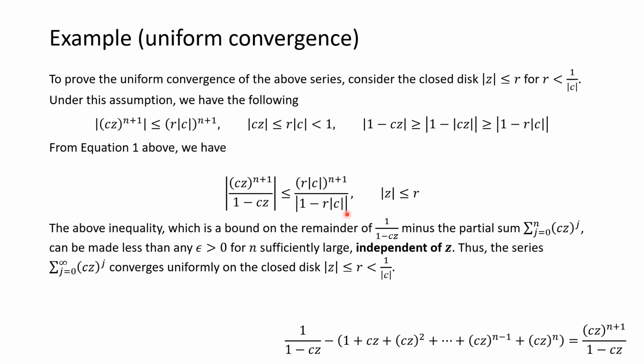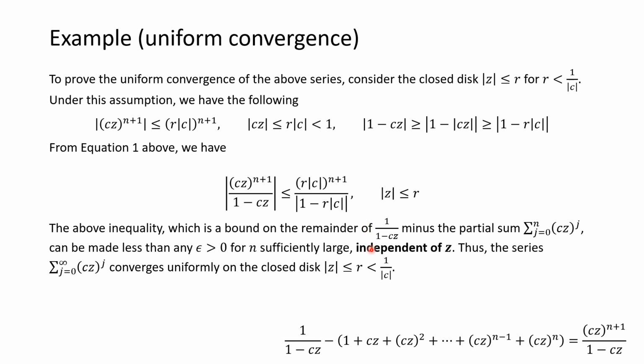Well, for a given n, taking n sufficiently large, the denominator is a constant, and the numerator, this here, r modulus of c, is a number less than 1. So the bigger we make n, the smaller this gets, and it's divided by the same term below.